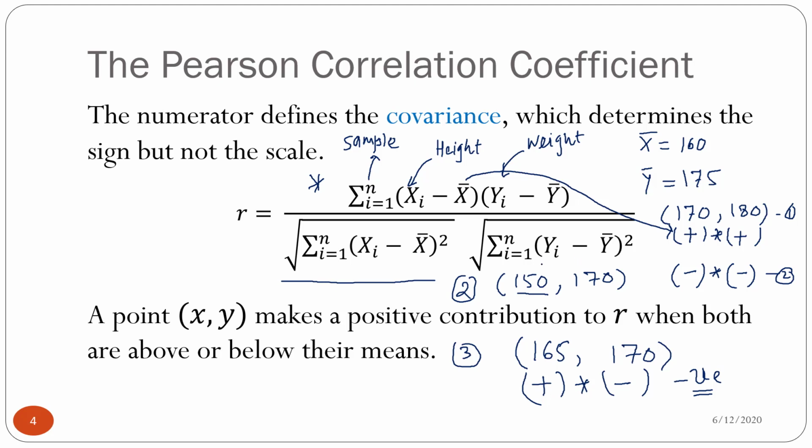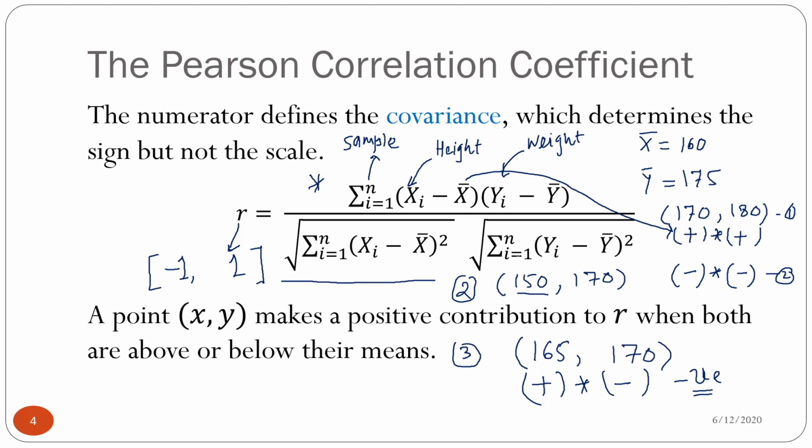Similarly, in the case of y, which is our weight in our example, we are finding the variance or the spread of the weight from the mean of the weight. The purpose of the terms in the denominator is to normalize the value of r, in other words, to make sure that this value is between -1 and 1, inclusive. So that's the purpose of our denominator.